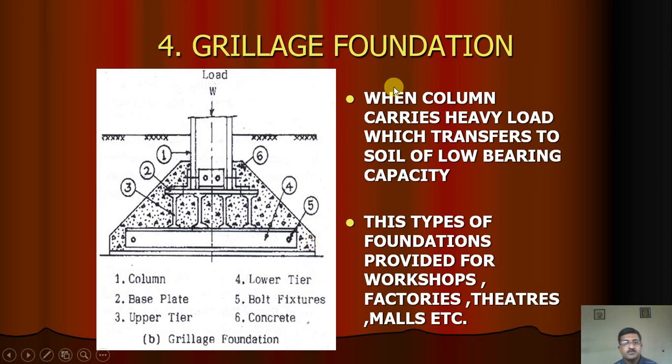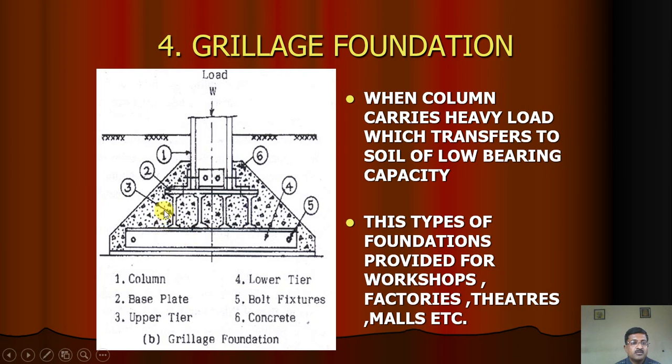Grillage foundation: when a column carries heavy load which transfers to soil of low bearing capacity, this type of foundation is provided for workshops, factories, theaters, malls, etc. So you can see, especially in steel structures, this is the load which is carried by this column, which is resting on this base plate, right?